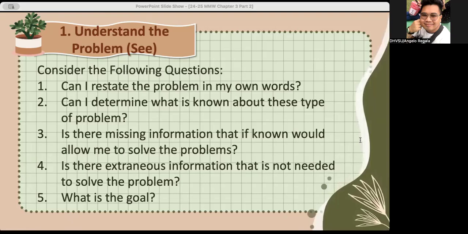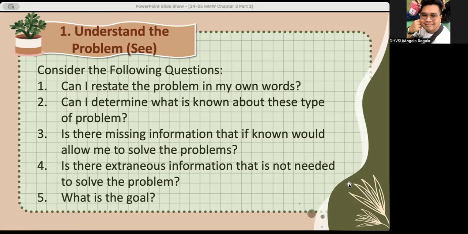Can I determine what is known about this type of problem? Ano ba yung mga given? Then followed by, is there missing information? Ano ba yung hinahanap? Ano ba yung kailangan?